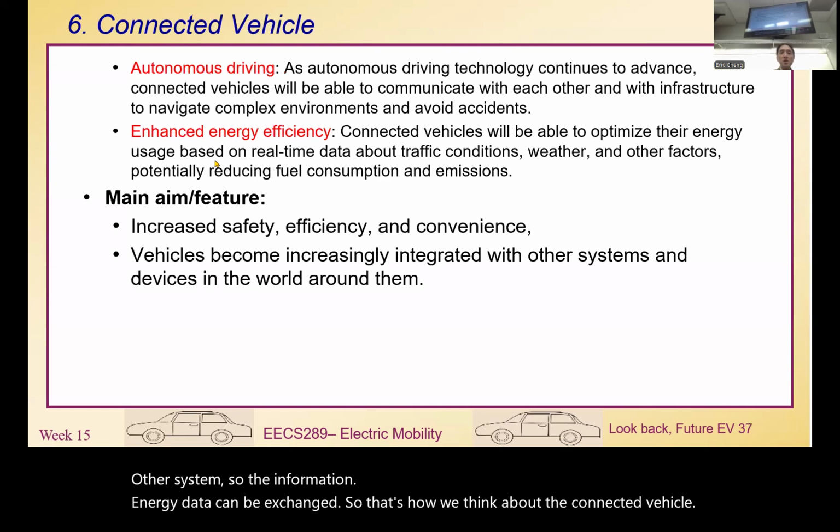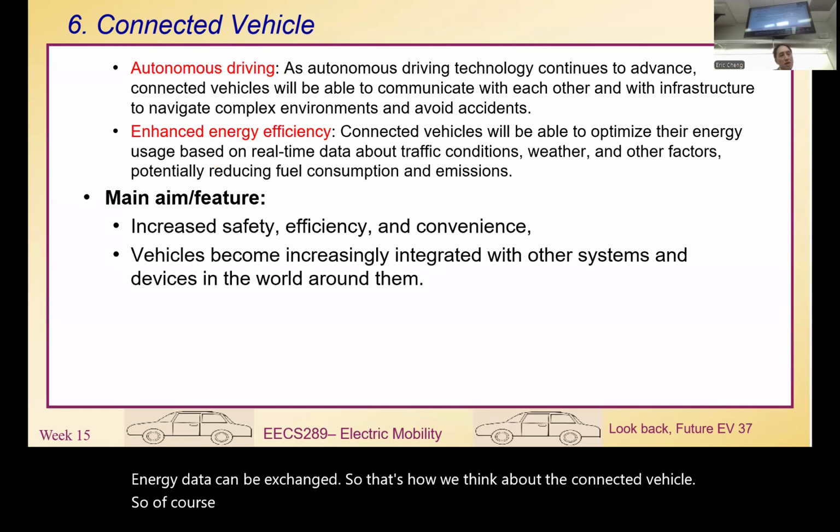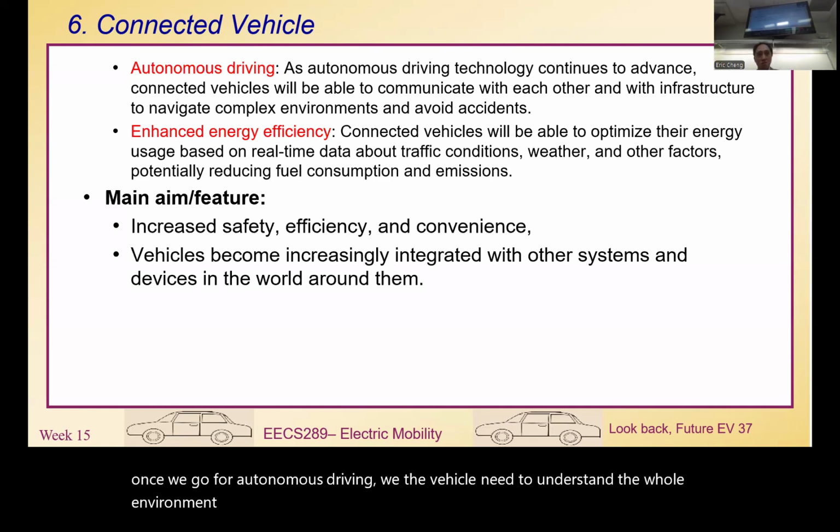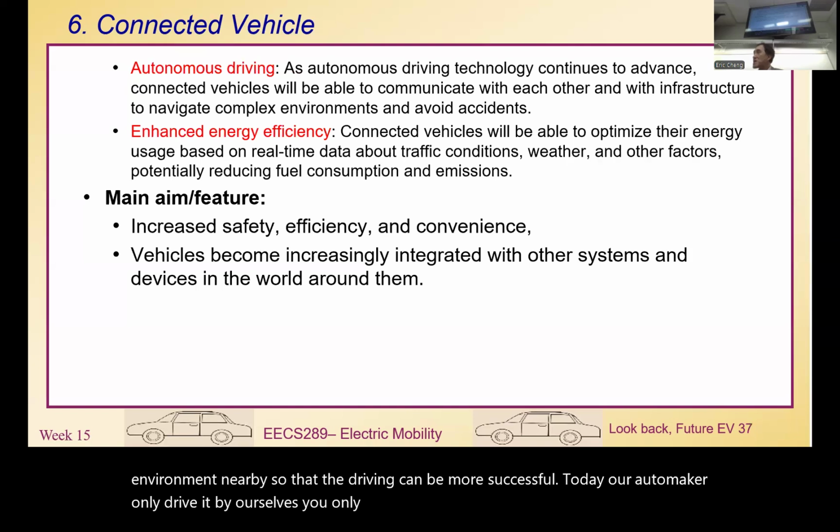Of course, connected vehicle is heavily supporting autonomous driving. Once we go for autonomous driving, the vehicle needs to understand the whole environment nearby so that the driving can be more successful. Today, our autonomous vehicle only drives by itself. You only use your own camera, using LiDAR to detect the road surface.